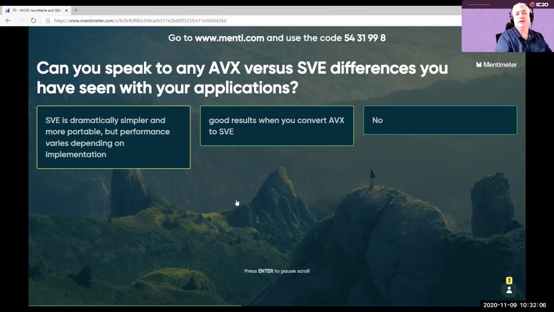I'd be happy to speak to programmability. I haven't had much of an opportunity to do hardcore performance analysis on SVE yet. We just got access to the new A64FX processors that are in the Oak Ridge Wombat cluster in the last few weeks.